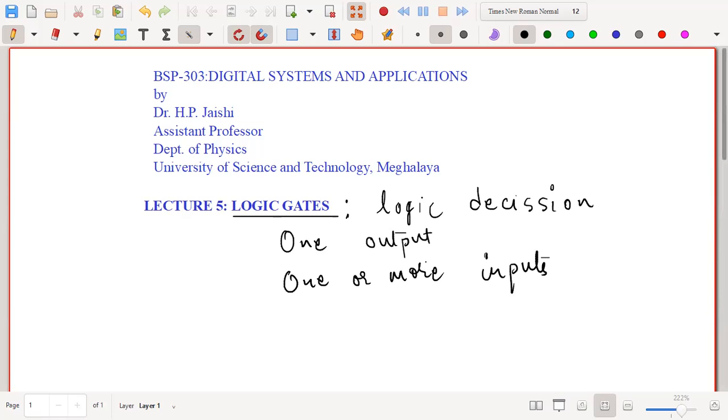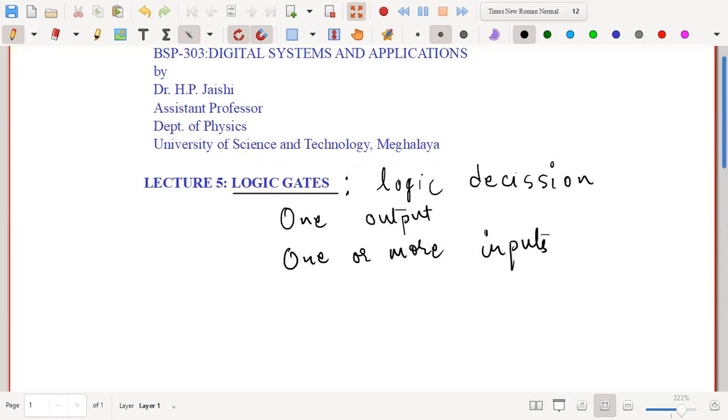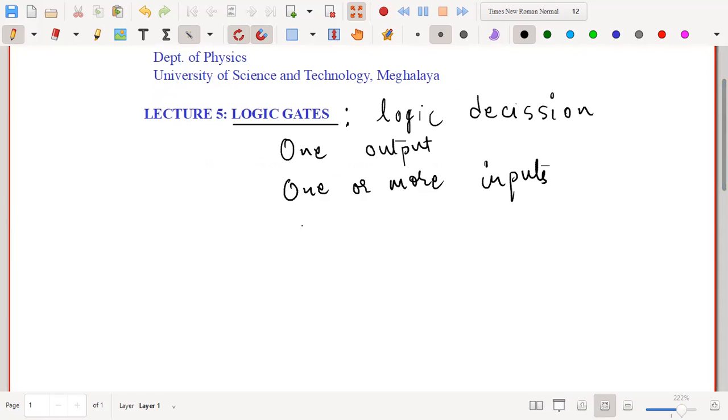As I mentioned earlier also, these logic gates are the building blocks of all kinds of digital circuits. They implement the logic function based on an algebra which is known as Boolean algebra.